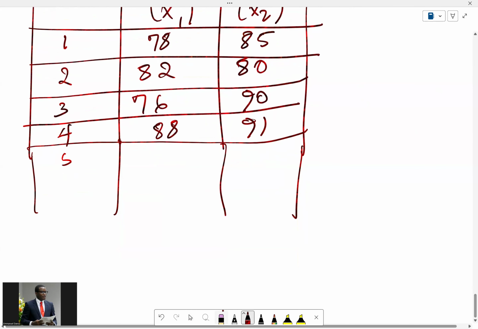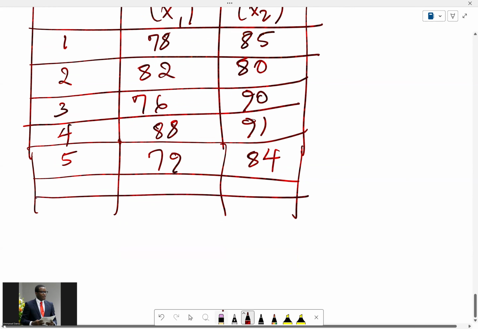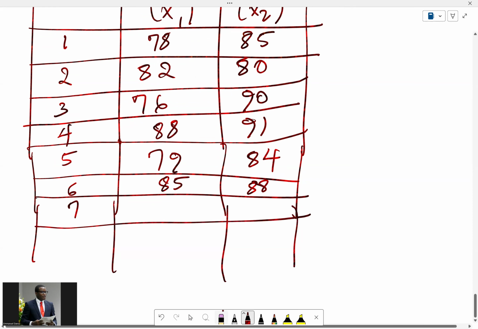Student 5: 79, 84. Student 6: 85, 88. Student 7: 90, 95.